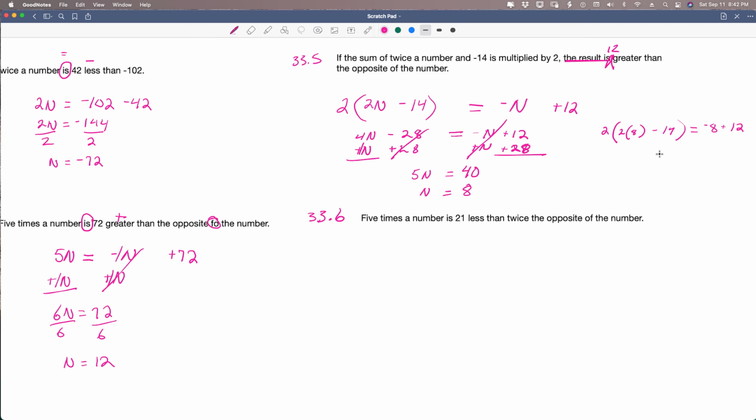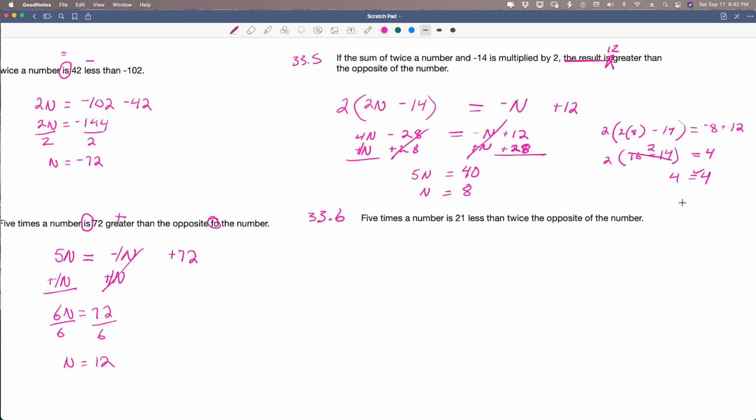So let's see if that's true. 2 times 16 minus 14 equals negative 8 plus 12, we can go ahead and solve that. Negative 8 plus 12 is positive 4. 16 minus 14, that's going to be 2. 2 times 2, 4 equals 4.